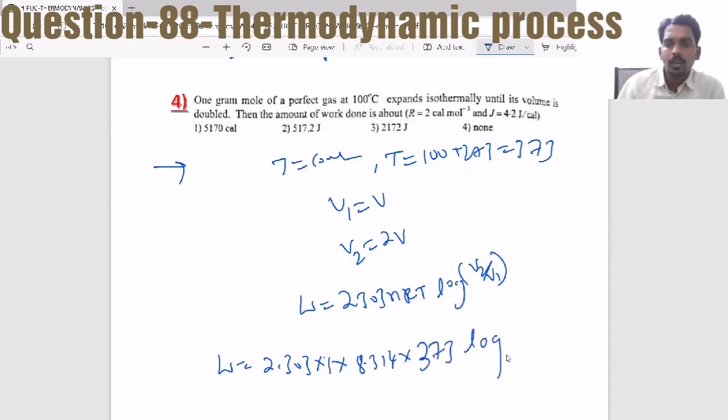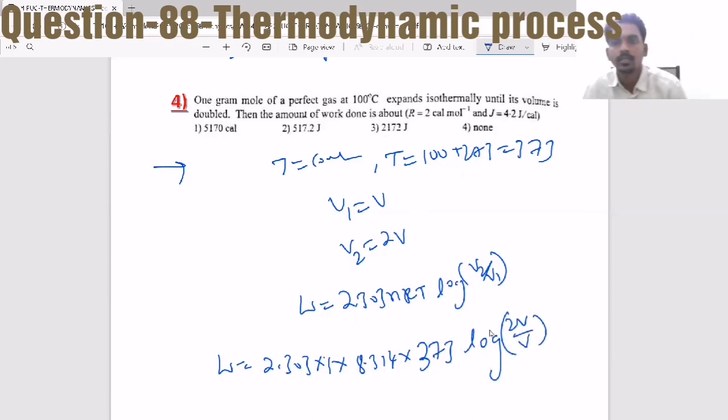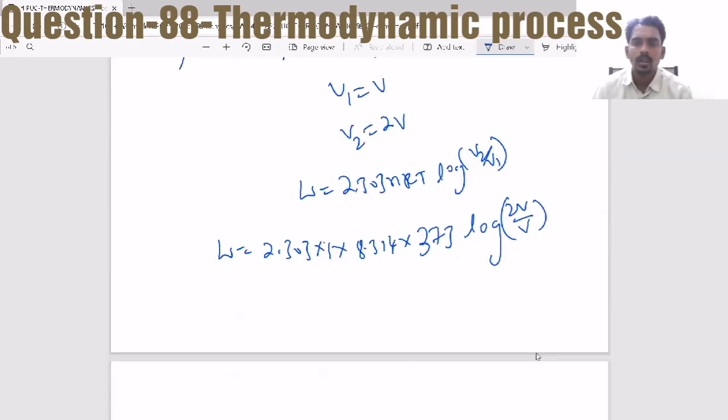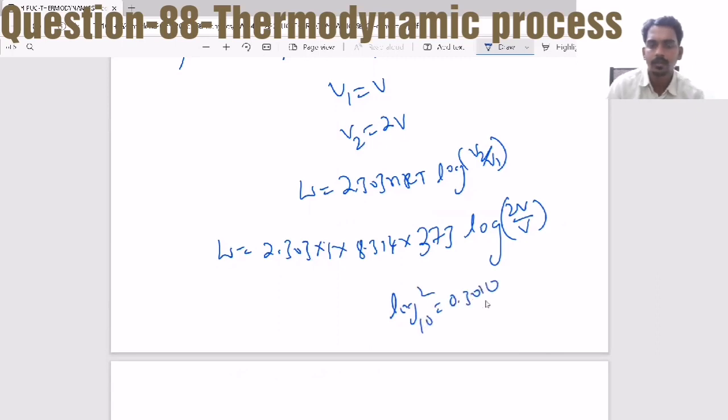Then log V2 by V1, that is 2V by V. Then just substitute it and you will get the value. So this is how you can solve. Log 2 is there, and the log 2 value is also important. Log 2 base 10 is 0.3010. But usually in the examination, whenever such a value is required to solve the question, they will mention it in the question.